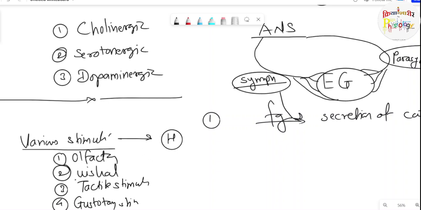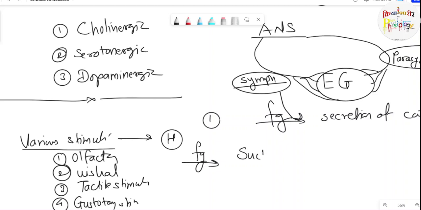These stimuli can also lead to hormone secretion, and this hormone secretion due to various stimuli is under neural control.